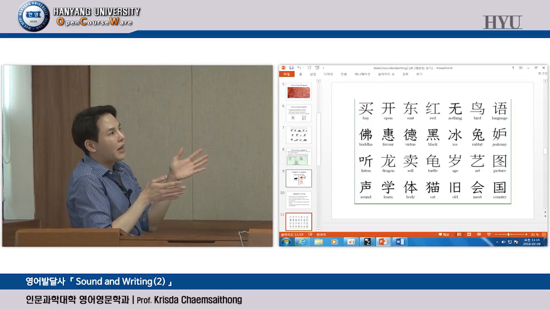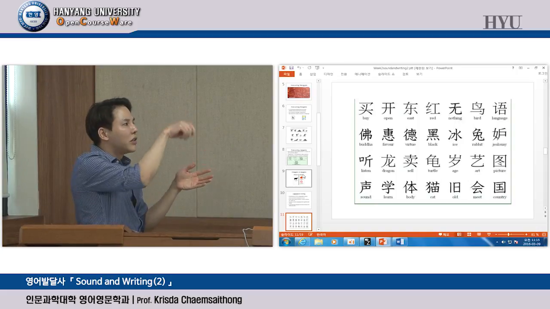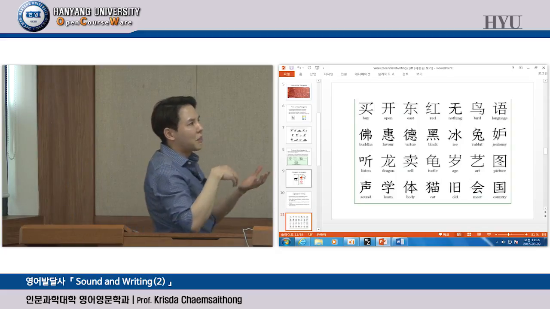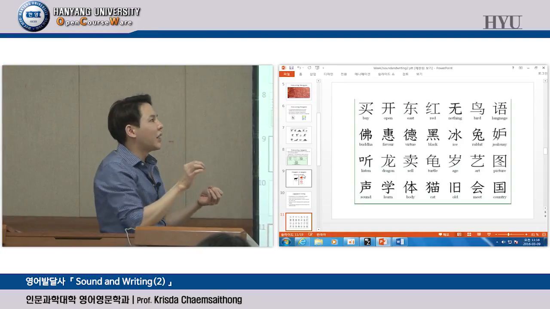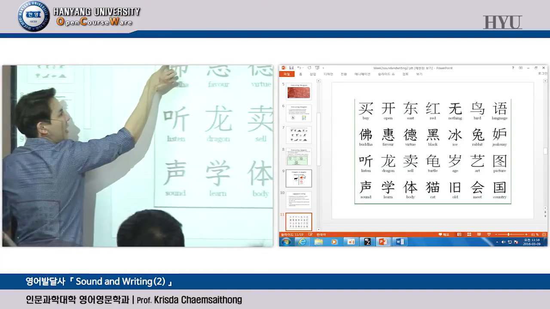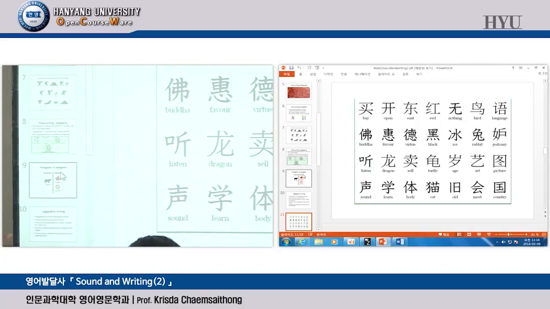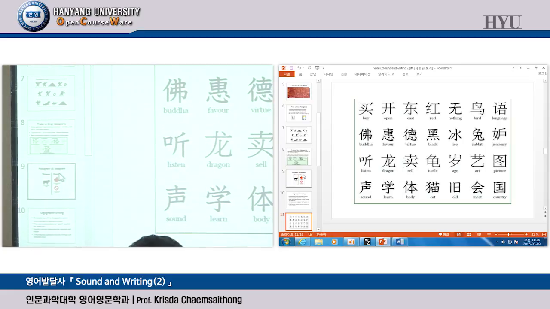So for this type of language, grammar might not be that complicated, but what is complicated is all the different strokes that you have to memorize, and presumably there must be a kind of order, right? You have to start from here and then here. It's not like you can start from this and go in any direction that you want, right? So you have to master the strokes also.